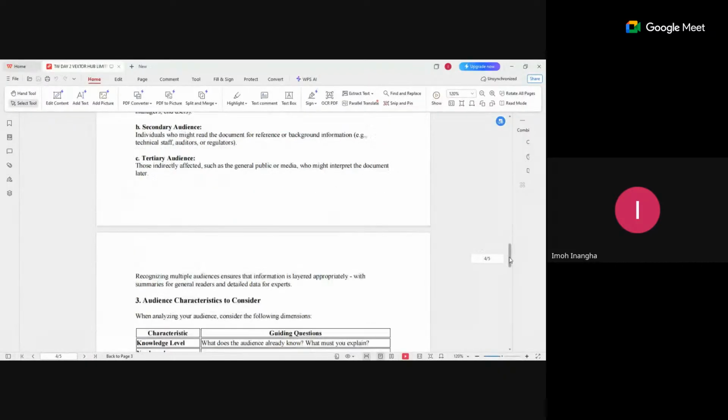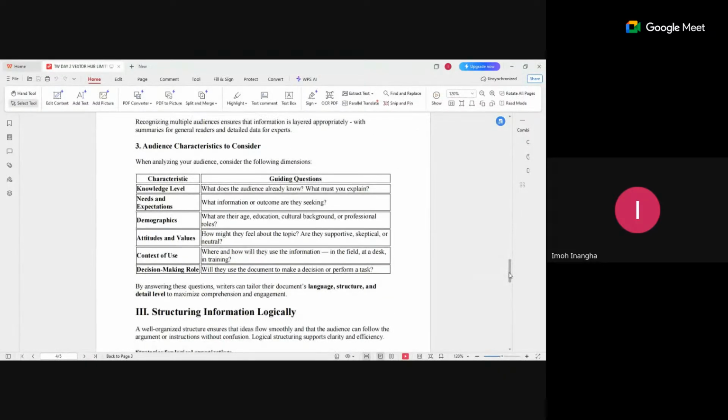So recognizing multiple audiences ensures that information is laid out appropriately, with summaries for general readers and detailed data for experts. Audience characteristics to consider. When analyzing your audience, consider the following dimensions: knowledge level, guideline questions.